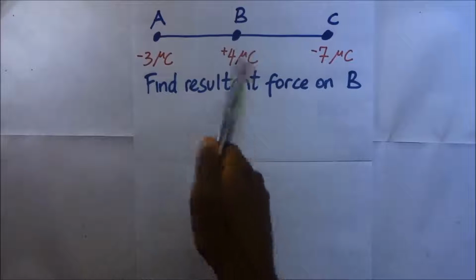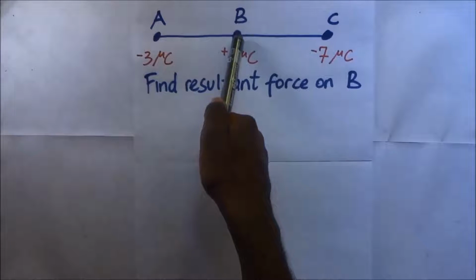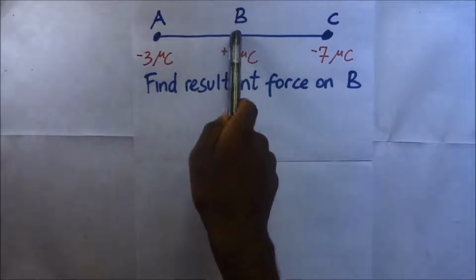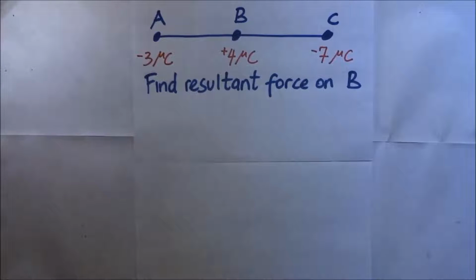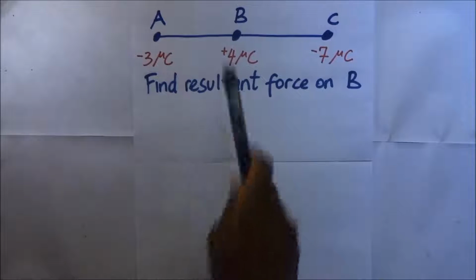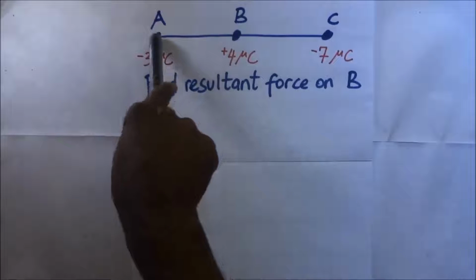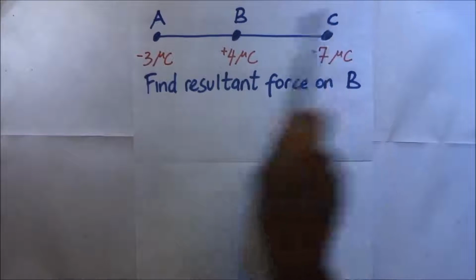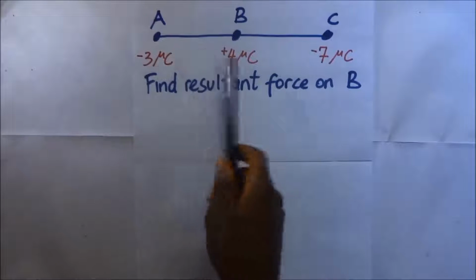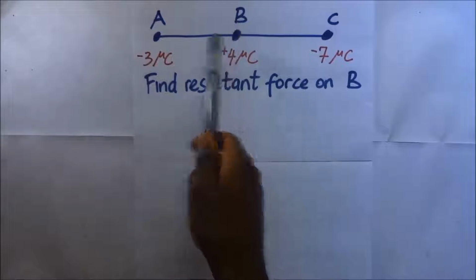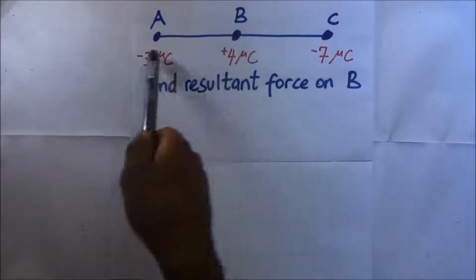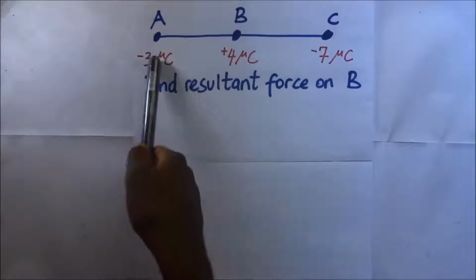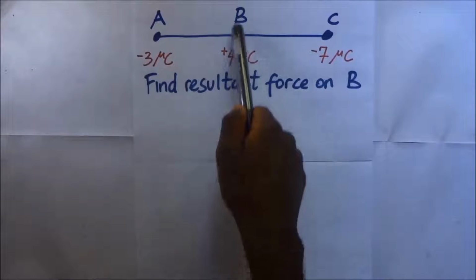Now, if we are to find the resultant force on this B, we know that this charge B is experiencing forces due to two charges. It is experiencing a force due to charge A, and it is also experiencing a force due to charge C. Now, if we examine the force due to charge A, this is a negatively charged point and this is positively charged.